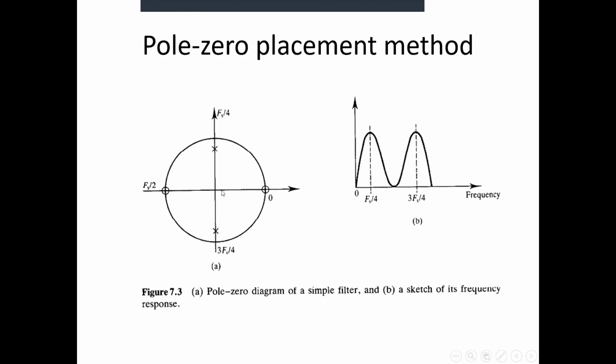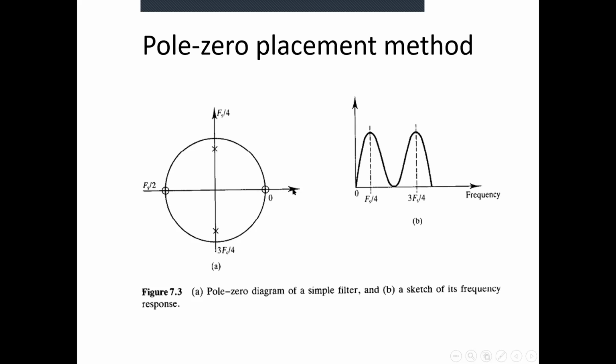As you can see here, we have two poles at the imaginary axis, at fs over 4. So due to the poles we have maximum values, while zeros will lead to minimum values.